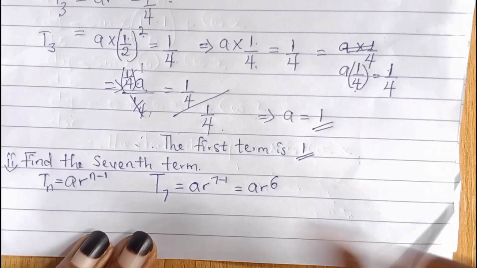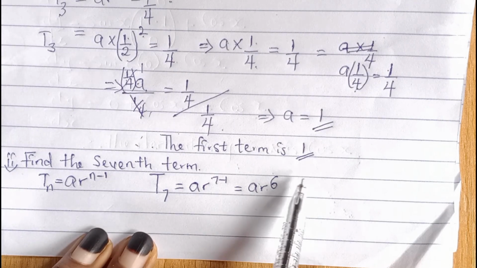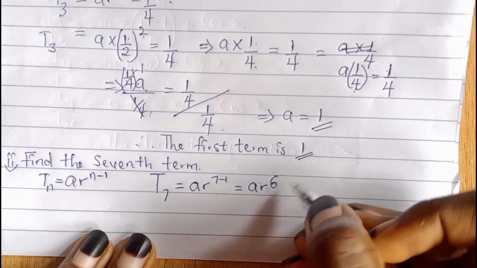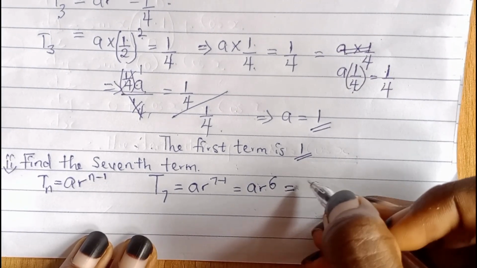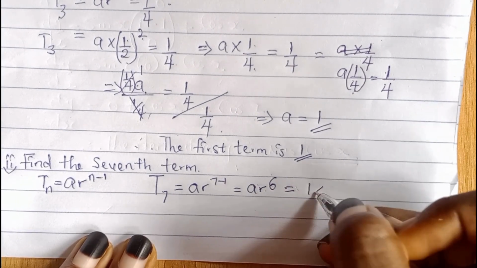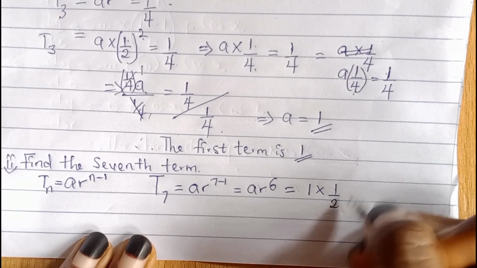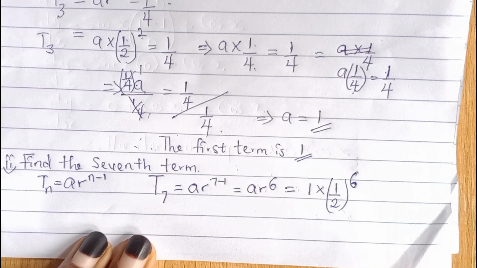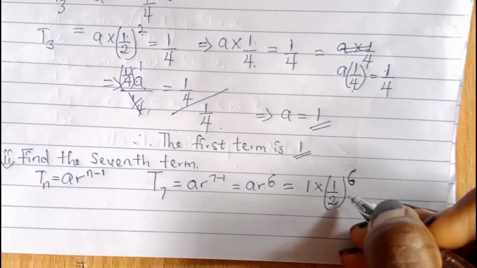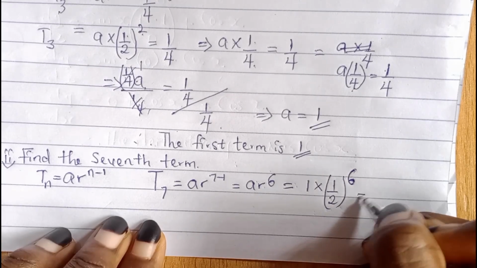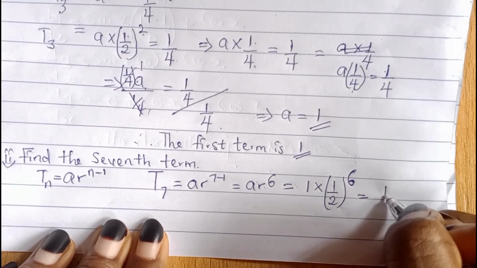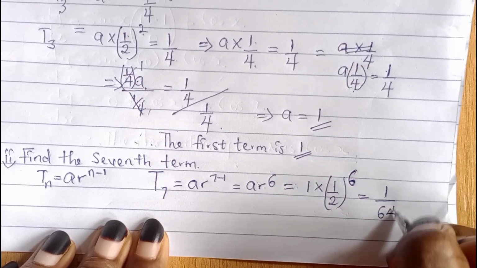Now we'll input our answers. Our first term is 1 and our common ratio is half. It would be 1 times 1/2 raised to the power of 6. I know 1 times anything is that thing. So now we have 1 over 2 raised to power 6 as 1 over 64.